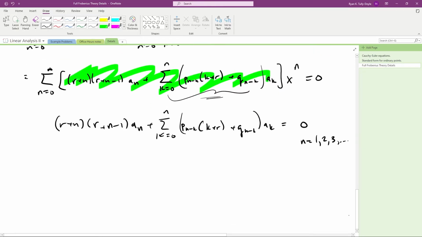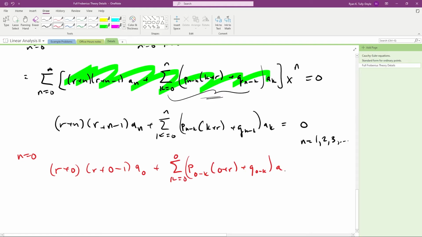So if we evaluate this recurrence relation when n is equal to 0, then what do you end up with? Well, that says (r + 0)(r + 0 - 1) a_0, plus the sum from k equals 0 to 0, so one term there, of p_(0 - k)(0 + r) + q_(0 - k), times a_k, is equal to 0.